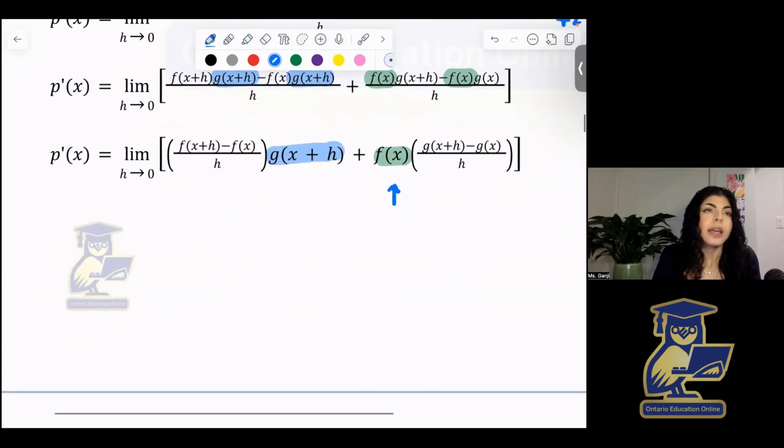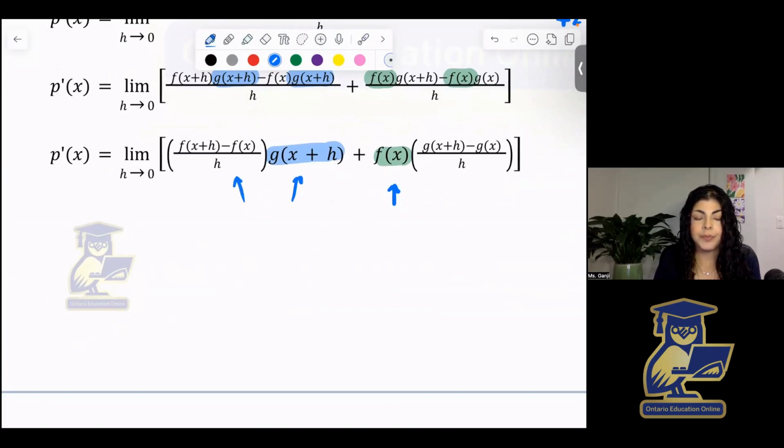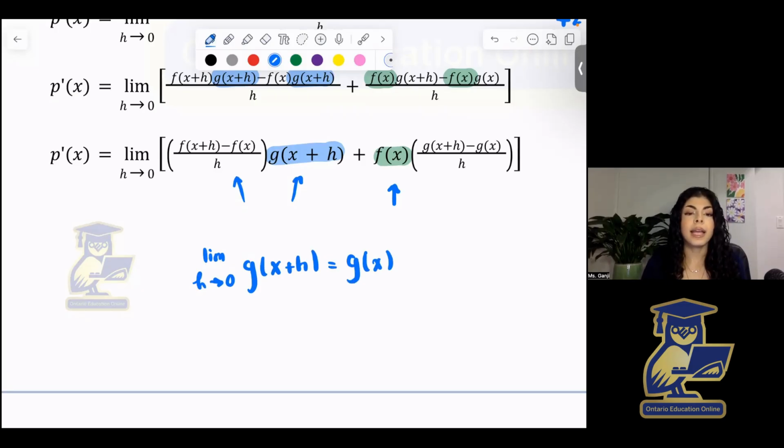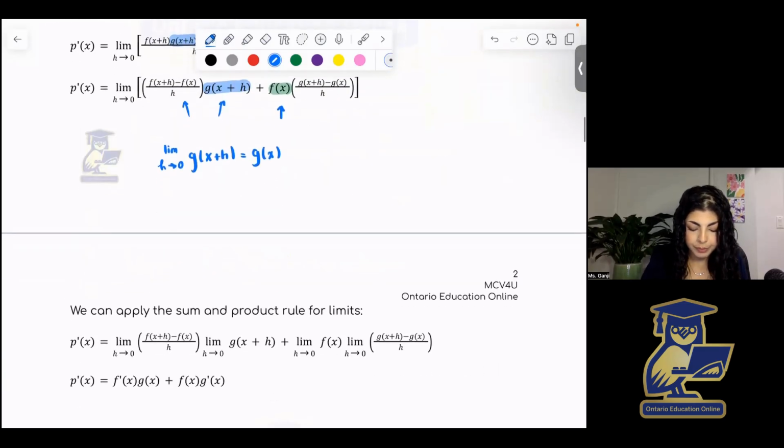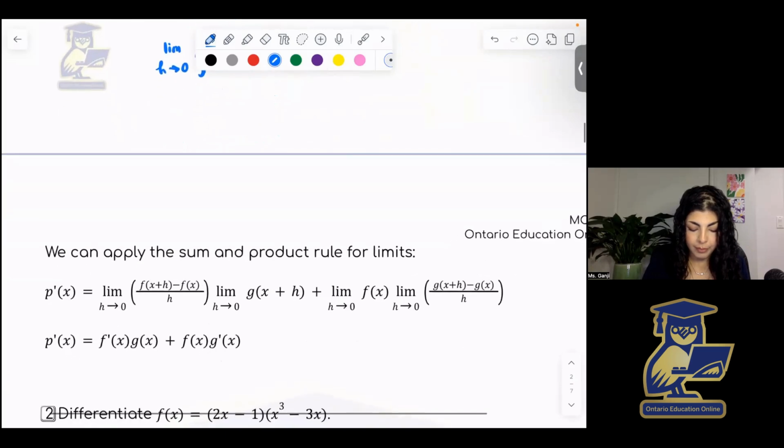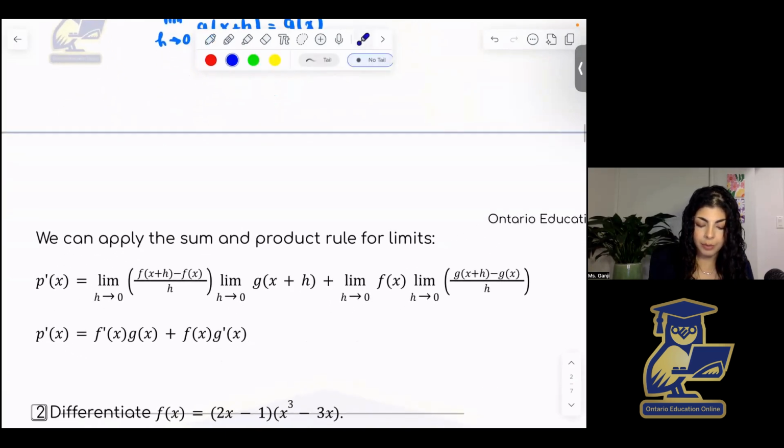And the product rule for limits tells me that I can separate this and this term, and the limit as h approaches 0 of g of x plus h is just going to be g of x. And again, I could factor that out, and I'll be left with this limit here and this limit here.